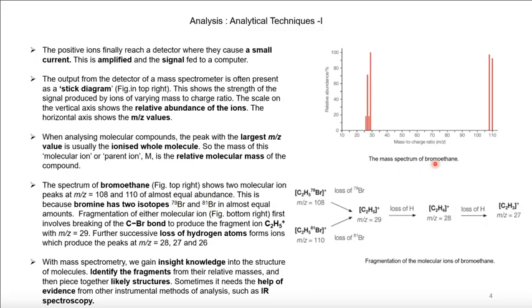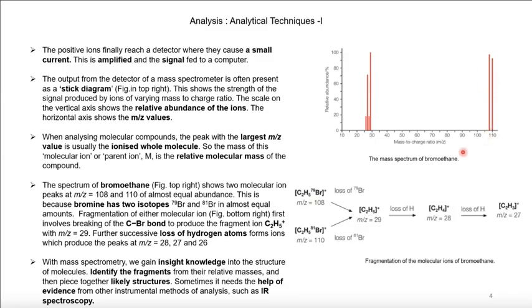And in this bromoethane, where there is bromine, both isotopes are there because they are naturally occurring. Therefore, we get two molecular peaks, one for C2H5Br 79 plus and another for 81. That shows in the peaks here.